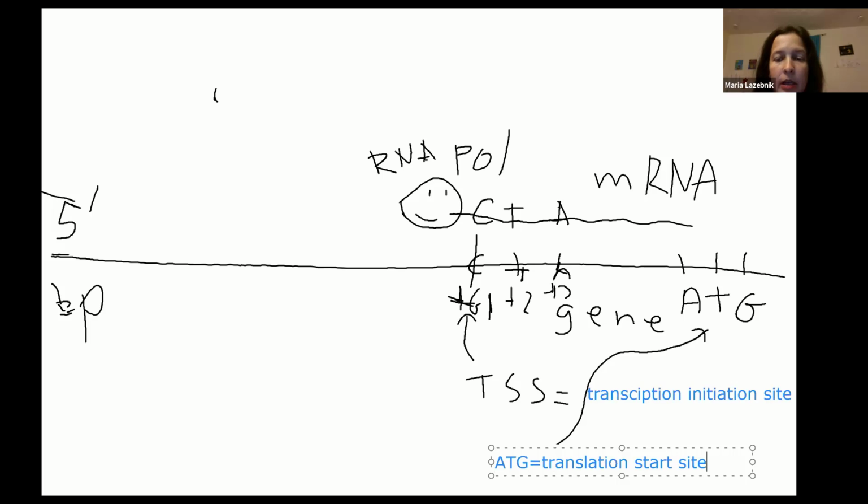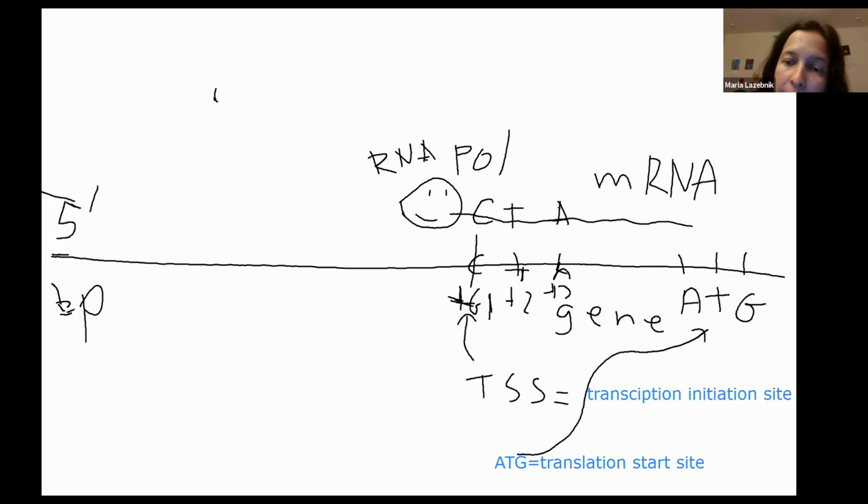What this means is that when this mRNA is going to be translated, ATG is going to be used as the start codon. In the mRNA, it's going to be AUG because T's get replaced with U's.